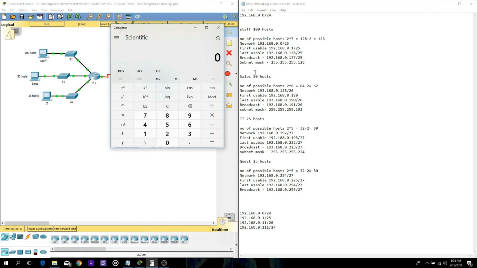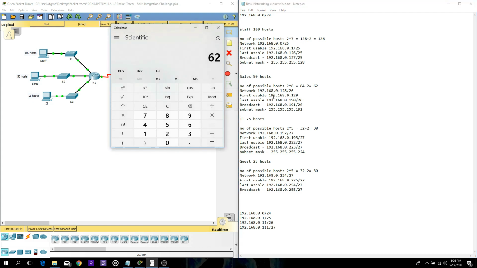For the next subnetwork, our network is going to be 1 up from our broadcast, which is 127, so that gives us 128. Then we need to find how many bits we need to borrow to satisfy 50 hosts. 2 to the 6 minus 2 gives us 62 possible hosts, and that is enough to satisfy the 50 host requirement.